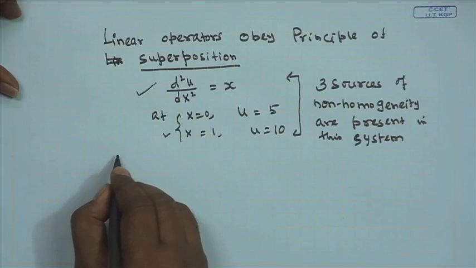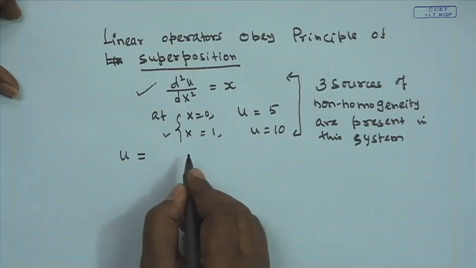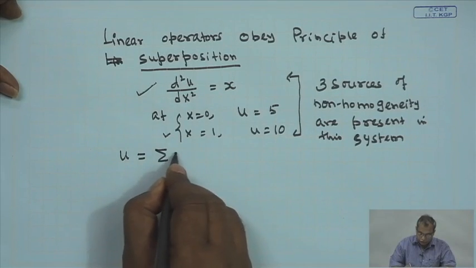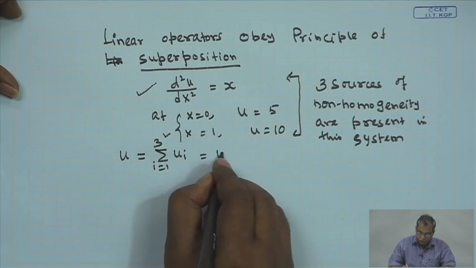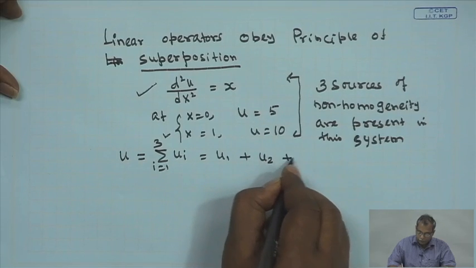If there is a non-homogeneous system, we have to identify the sources of non-homogeneity and break the problem down so that one non-homogeneity appears in each sub problem. The solution will be the linear superposition of all the sub problems: u1 plus u2 plus u3.